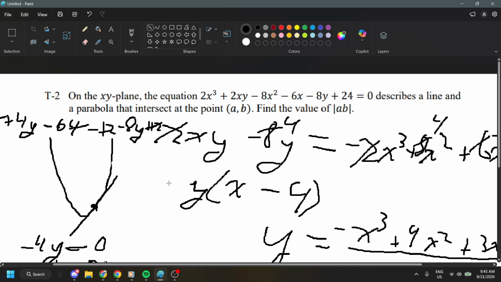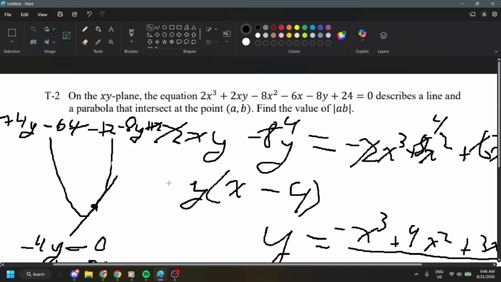Because I'm thinking, if we have a line and a parabola, the way we can combine those two, we can't do multiplication, because that would make it cubic. We can't do it by addition, because then it'd just still be a parabola. Can we say one is equal to the other?